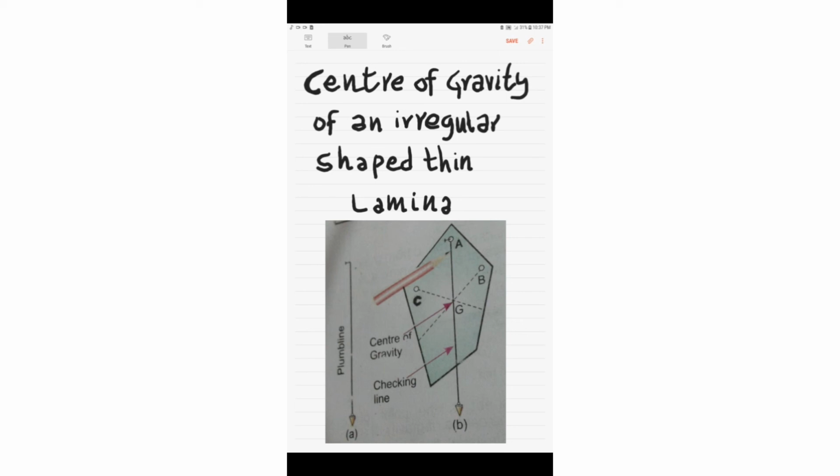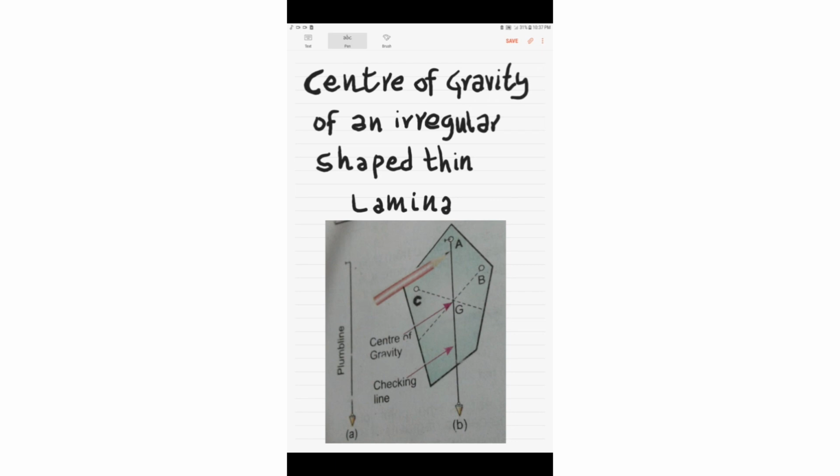Now by the experiment you will come to know how you can find the center of gravity of an irregular shaped thin lamina. Here we are taking an irregular shaped piece of cardboard, which is a thin lamina. Take an irregular piece of cardboard, make holes A, B and C as shown in the figure near its edge.